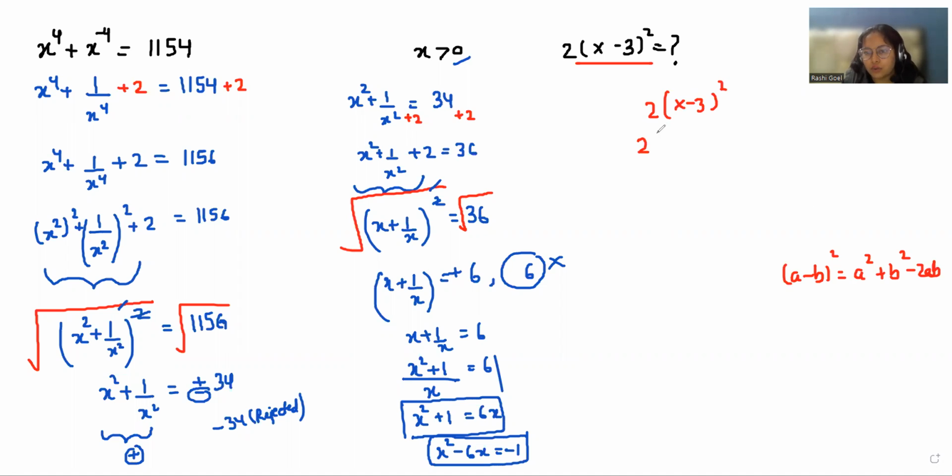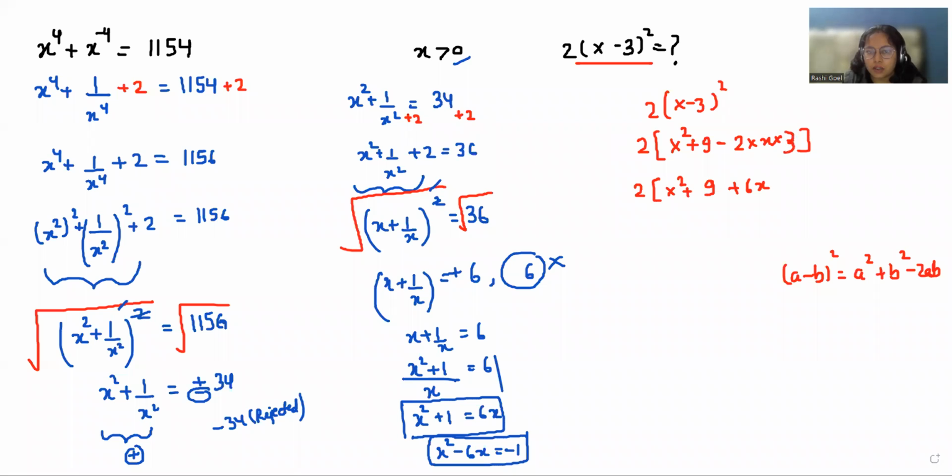So we can write it as 2 times a^2, that is x^2, plus b^2, that is (-3)^2, which is 9, minus 2 times x times 3, that is 2(x^2 + 9 - 6x).